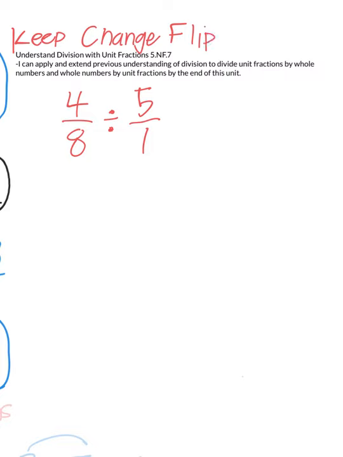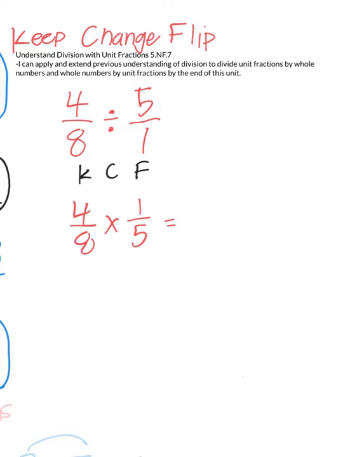So let's go ahead and use our KCF method, where we're going to keep 4/8. We're going to change division to multiplication. And we're going to find the reciprocal of that second fraction, which we're going to flip. We're going to change 5/1 to 1/5.